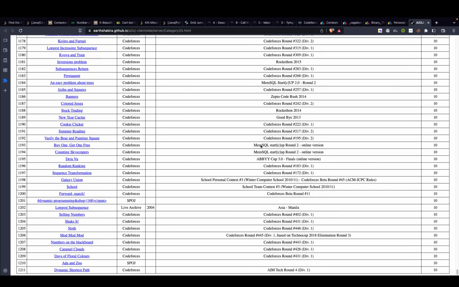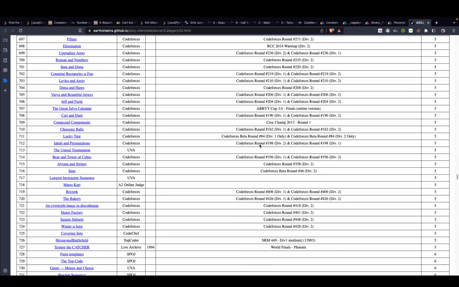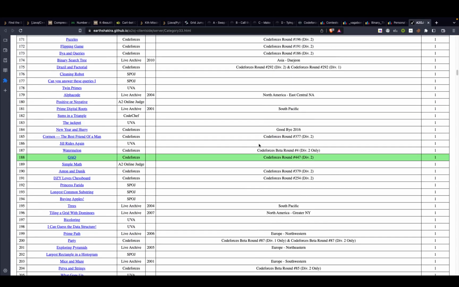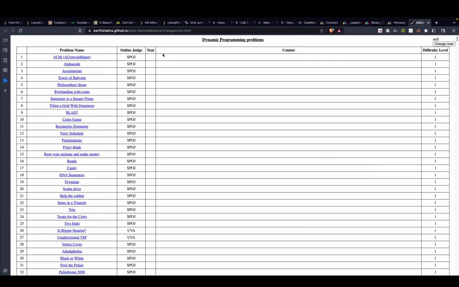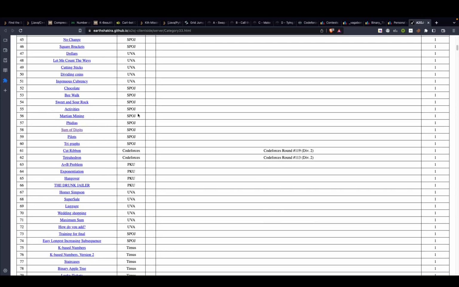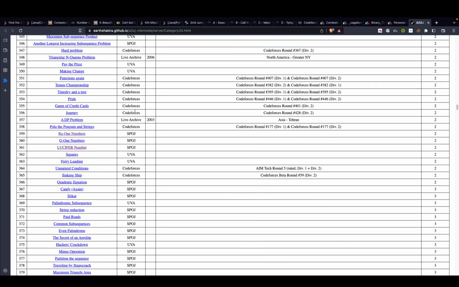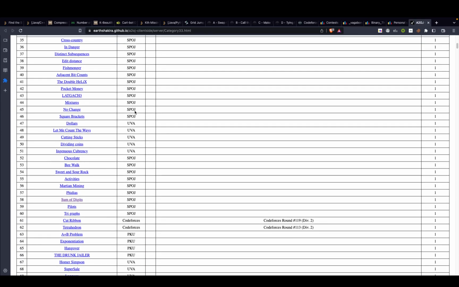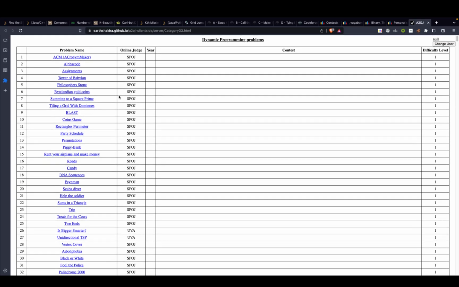Bro, this is actually a very big list. Now, I also don't have a clue whether it's good or bad. Basically, I can't comment on something that I haven't tried myself. But the thing is that these questions are from Codeforces, Spoj, and UVa, and these are all reputed websites, so I don't think trying these would hurt. Even if you try a problem and it's not DP, you're definitely going to learn a different concept altogether.